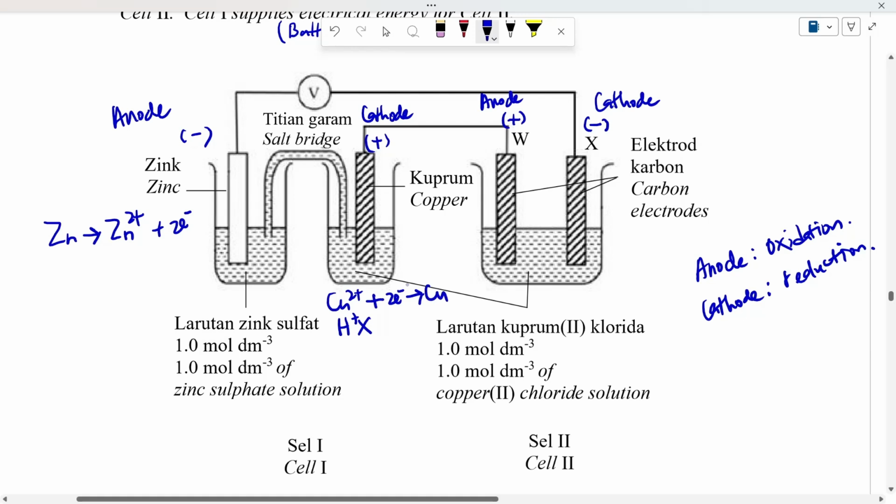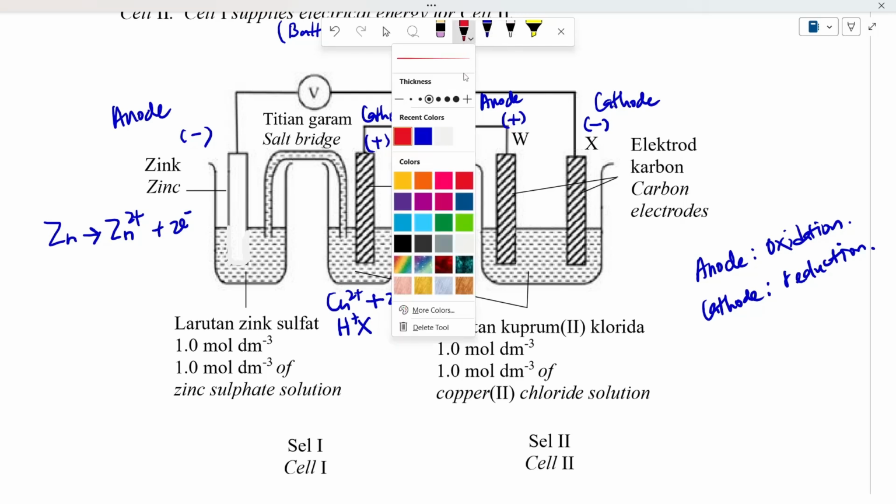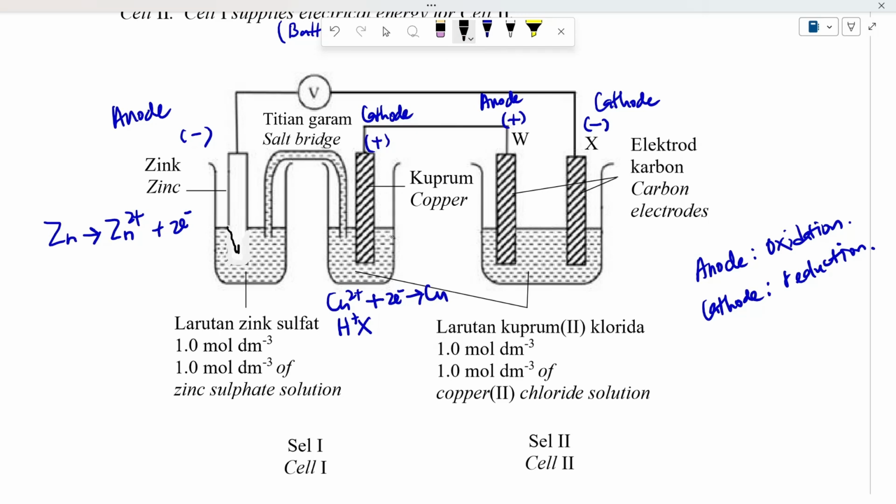So here the zinc becomes thinner. Thinner means it dissolves and becomes smaller. Then at the cathode, what happens?